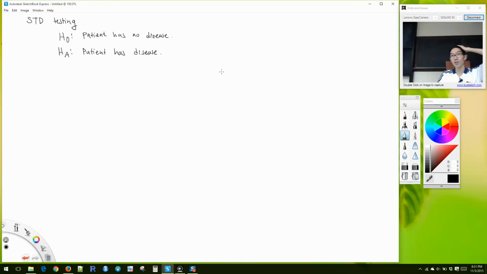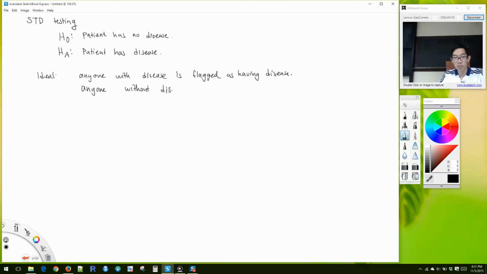They're looking for certain things. So ideally, in the ideal scenario, anyone with the disease is flagged as having the disease, and anyone without disease is cleared.